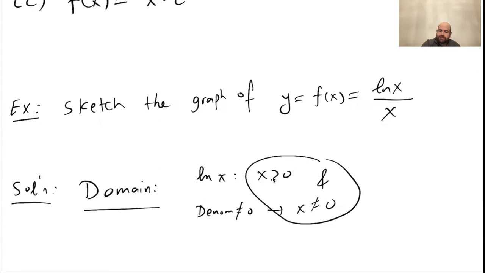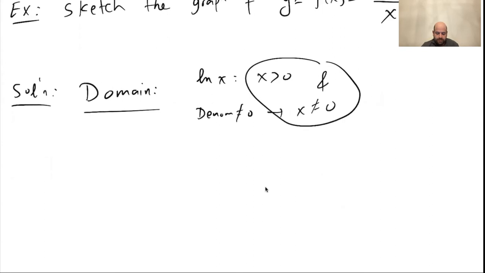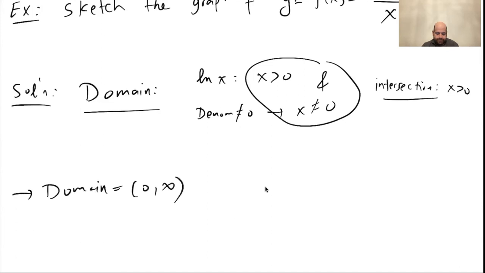You want x to be bigger than 0 and x to be not equal to 0. Well, if x is bigger than 0, you will automatically have this one. So we just need to require x to be bigger than 0. In other words, we have to take the intersection. And intersection is x bigger than 0. So domain is 0 to infinity.